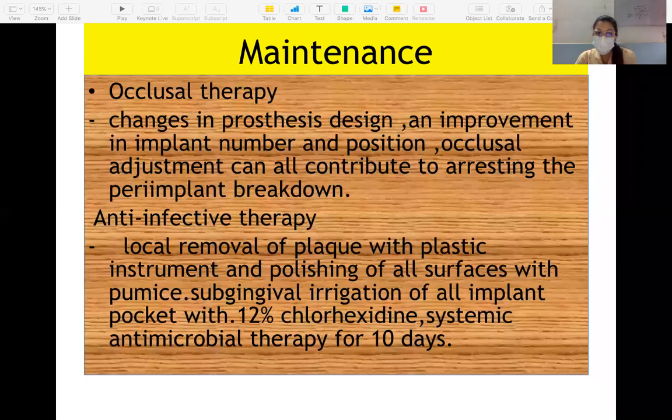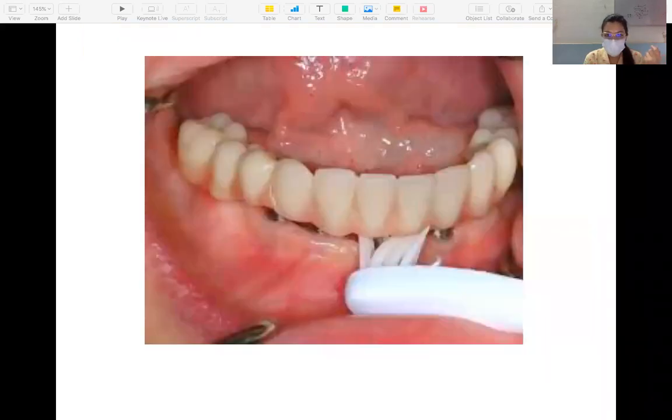Then after surgery, post-operative local removal of plaque is important. Regular cleaning becomes important. Mouth washes become important. Antimicrobial therapy, that is antibiotic coverage, becomes important. This is a good picture showing how the implant under surface of a prosthesis is being cleaned with the help of a cleaning instrument.